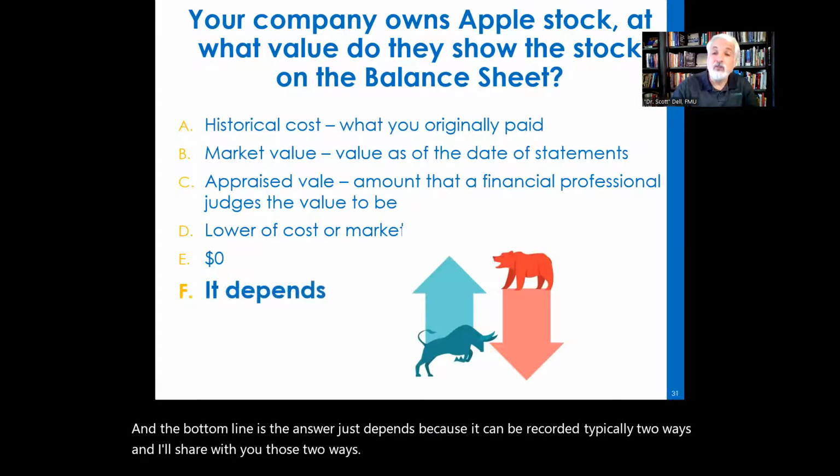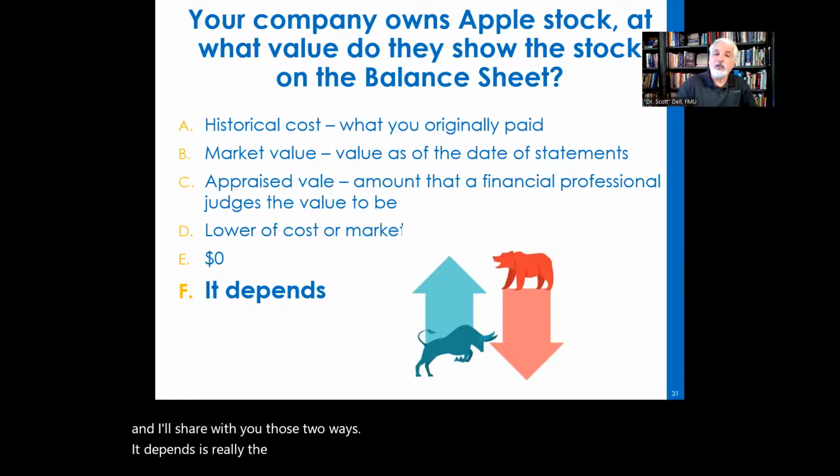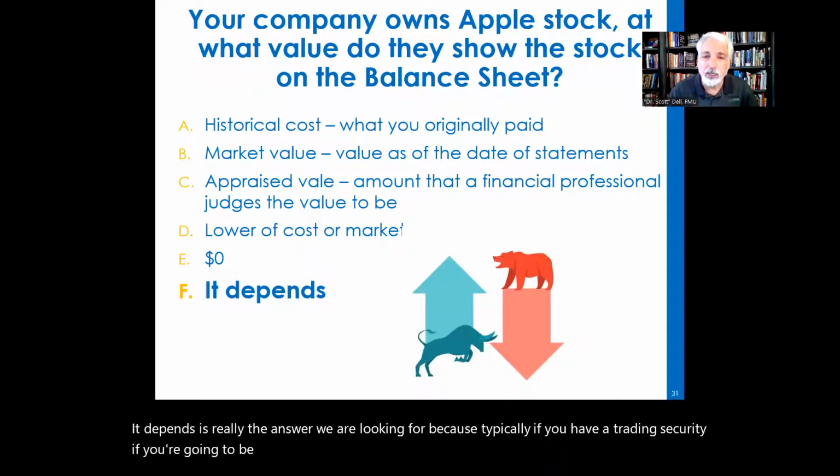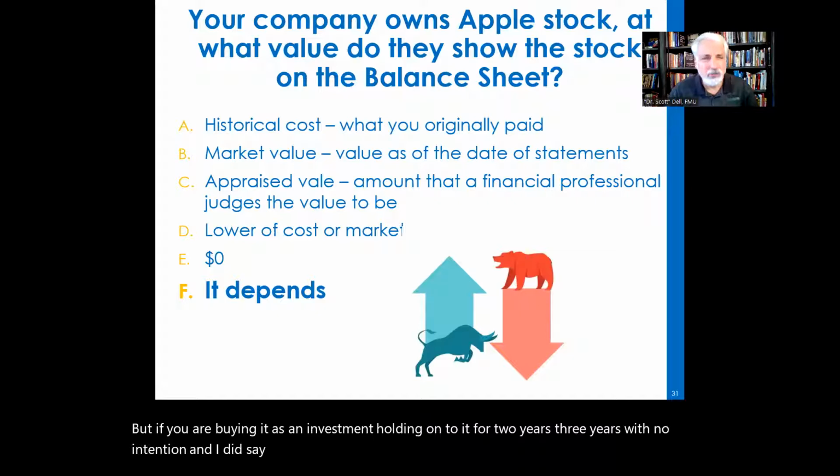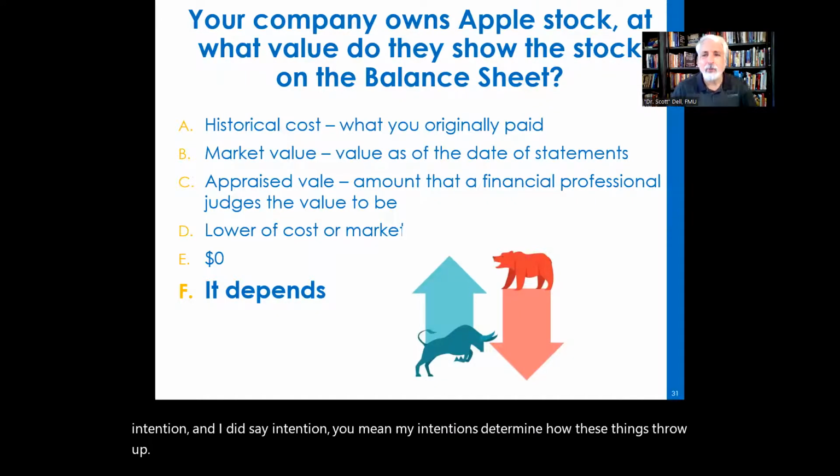The "it depends" is really the answer we're looking for, because typically if you have a trading security, if you're going to be selling it next week or the week after, it's probably market value. But if you are buying it as an investment, holding on to it for 2 years, 3 years with no intention, and I did say intention, you mean my intentions determine how these things show up? That's how they show up on the financials.